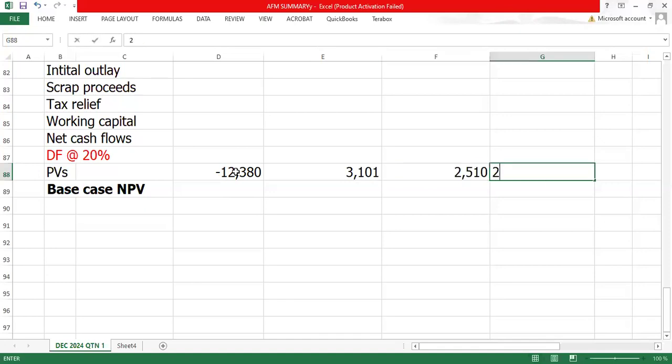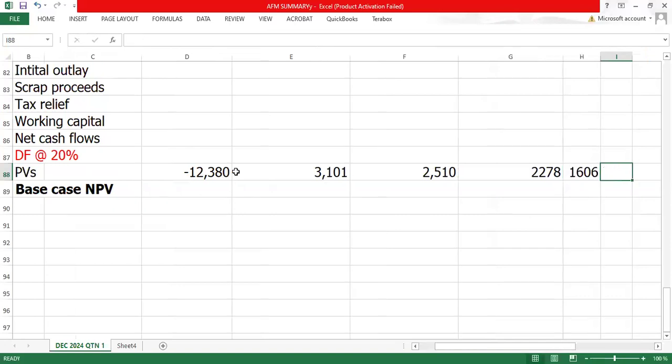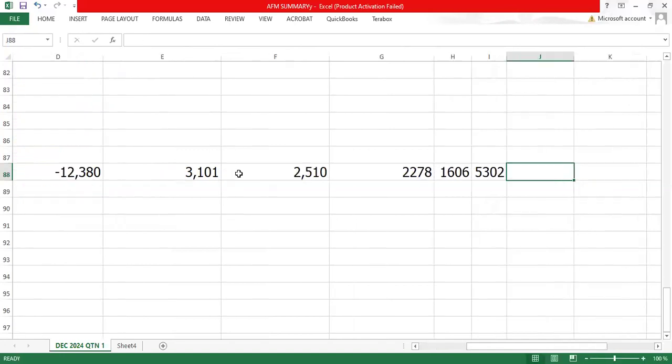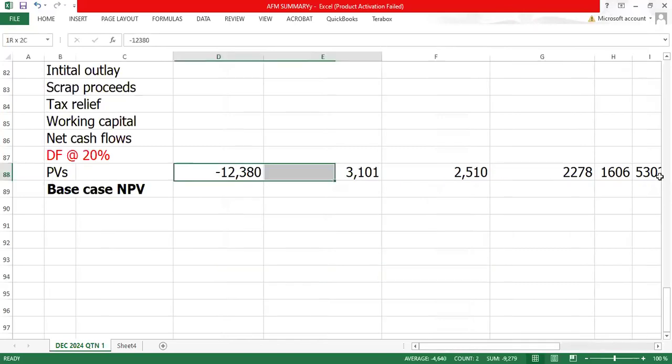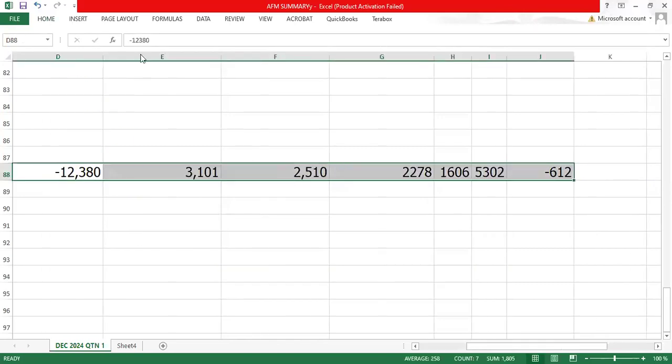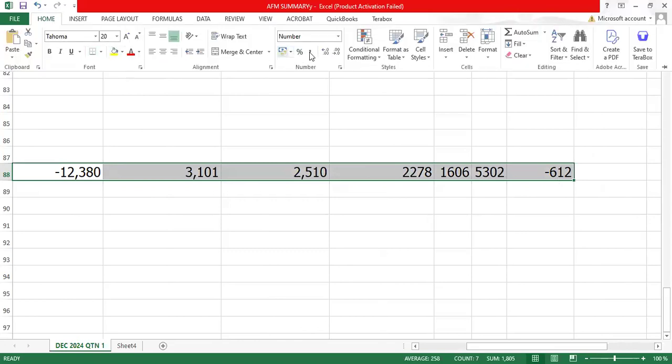Then here you have 2,278. Then here you have 1,606. Then here you have 5,302. Then finally you have negative 612. That is after putting in your figures, all of them, and you get your PVs.